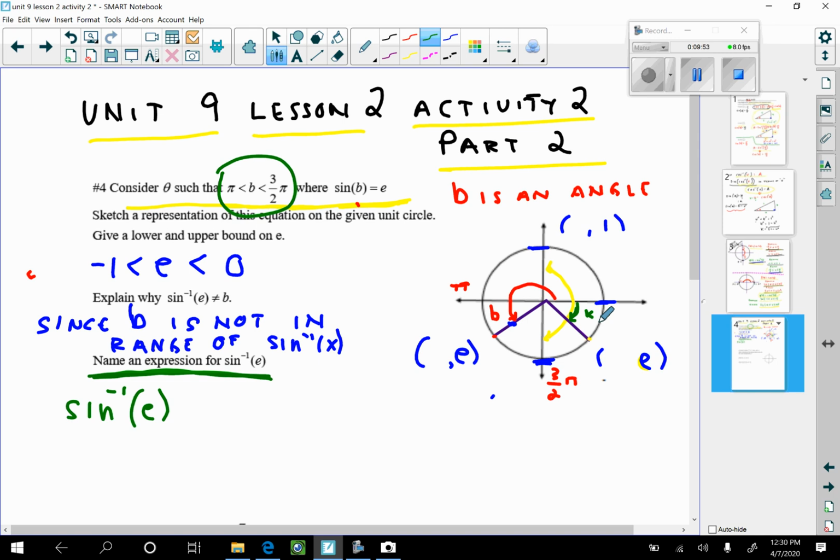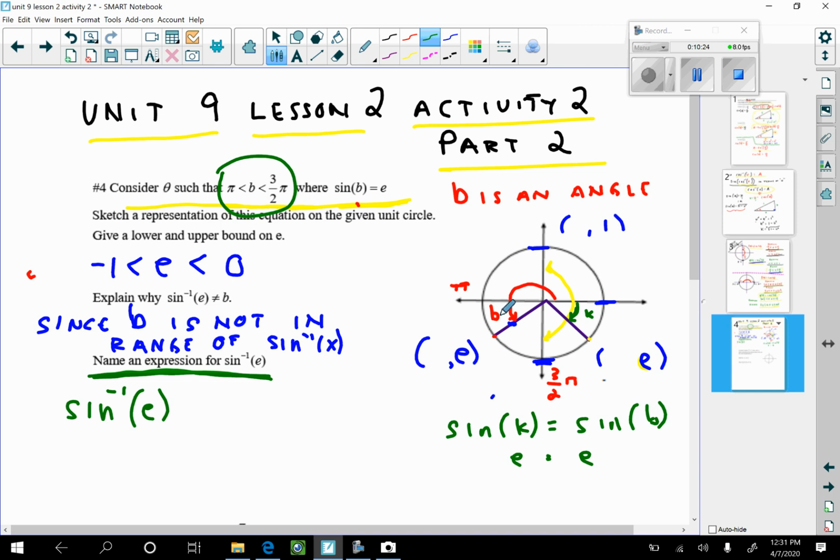Because I know, ladies and gentlemen, that K is between -pi/2 and pi/2, because it's right here. The sine of K is equal to the sine of B, because they both equal E. But what I want is this angle K in terms of B. Hard to think about.